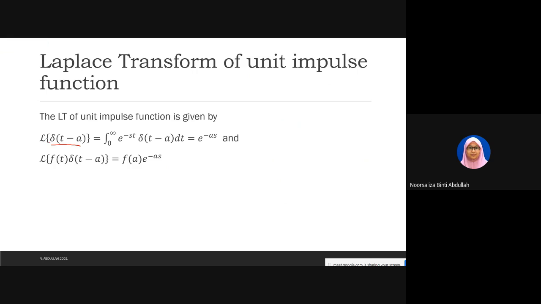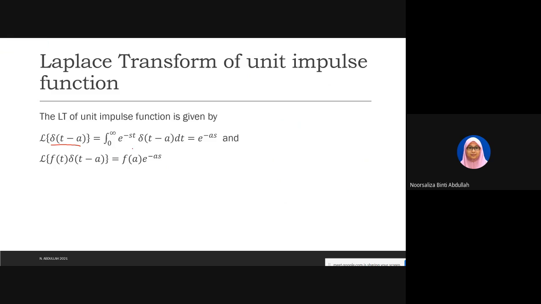Laplace for delta t minus a is actually equals to integration from 0 to infinity exponent minus st. Ini by definition macam kita buat masa introduction Laplace. You integrate from 0 to infinity exponent minus st delta t minus a dt.